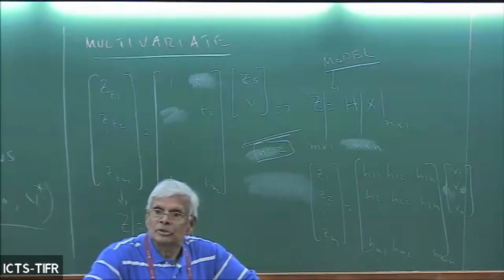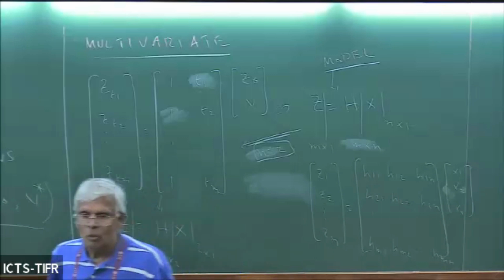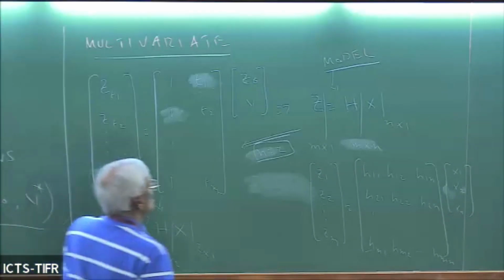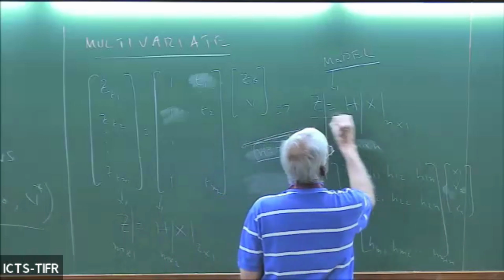I want to be able to solve the generalized linear model. Why? Data assimilation problems are multivariate, high-dimensional problems. The unknowns are in high dimension. So here, what is the unknown? Unknown x is in n dimension. There are m observations. So I want to be able to solve my model z is equal to h of x.